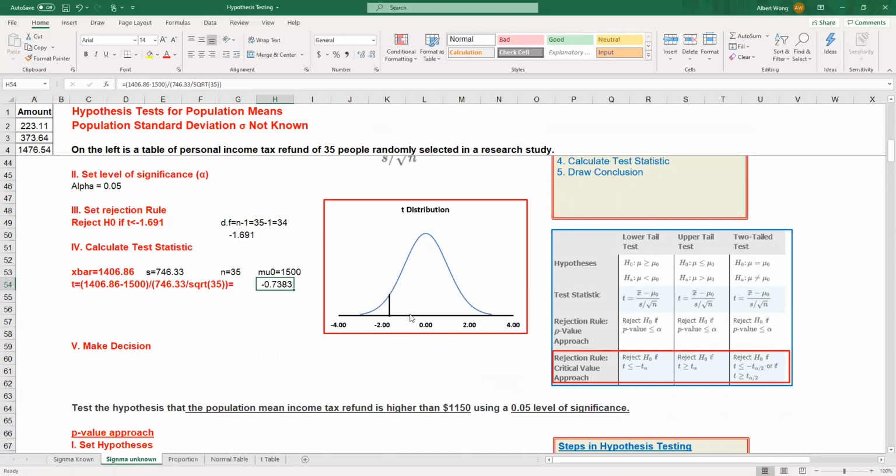Therefore, the test statistic is not in the rejection region, so we do not reject. So we say, since t is equal to negative 0.738, is not less than negative 1.691, do not reject.